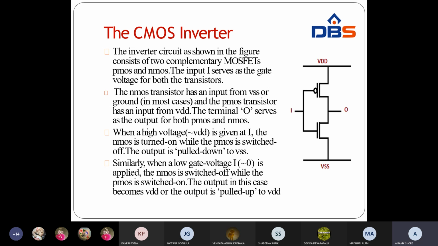So here is the CMOS inverter. This inverter circuit consists of two complementary MOSFETs, the PMOS and NMOS.